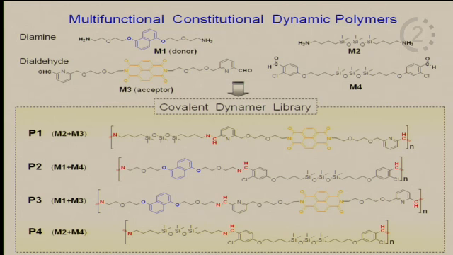P2 contains the donor. The other ones are the dead unit, the silicons. P3 has the acceptor, the donor, and the acceptor in the chain polymer. And P4 is dead, silicons. That shouldn't do anything. So, what will happen?